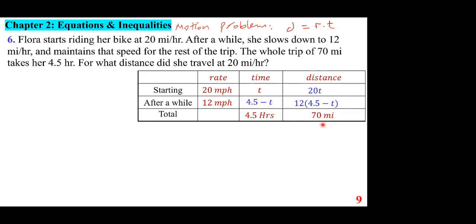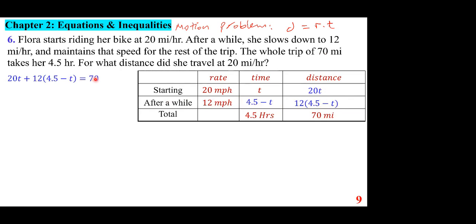So the equation becomes 20T plus 12 times 4.5 minus T equals 70. And as long as we have this, I can't imagine not being able to finish that. It's a very straightforward question, okay?